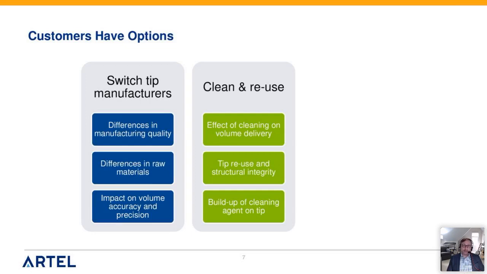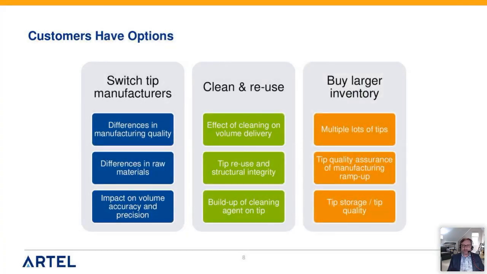And again, you have to think about the effect of the cleaning on the volume delivery, and when you reuse these tips, you have to remember that these tips are constantly being reseated and removed from the mandrels of the automation system. So that's going to have an impact. And then if there's any kind of a buildup of cleaning agent, if we start thinking about detergents and things, so it's not just about cleaning and then reusing and everything is fine.